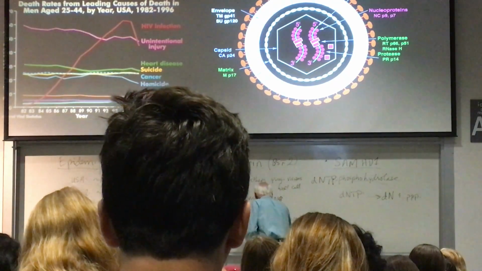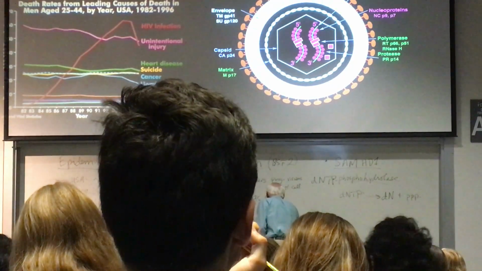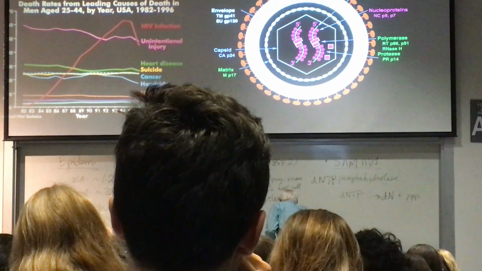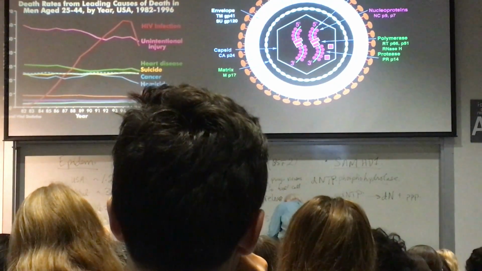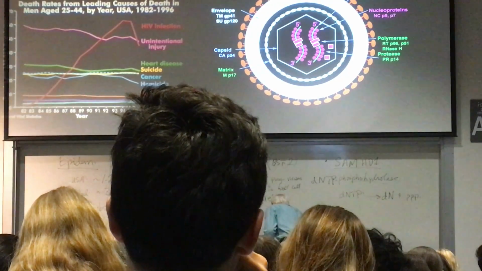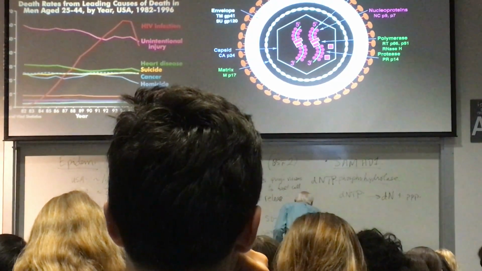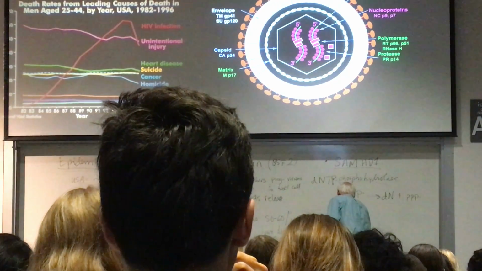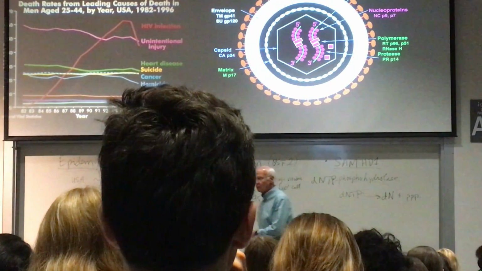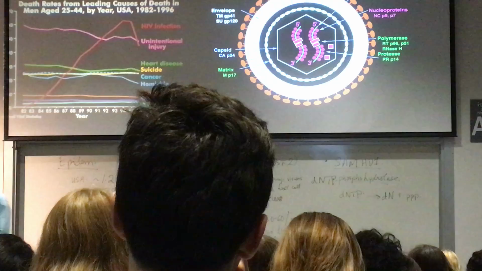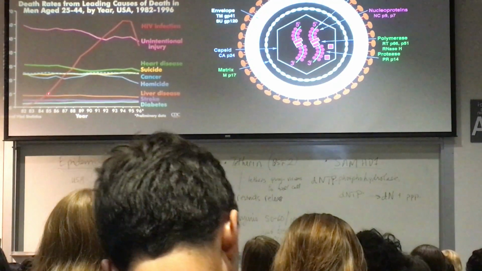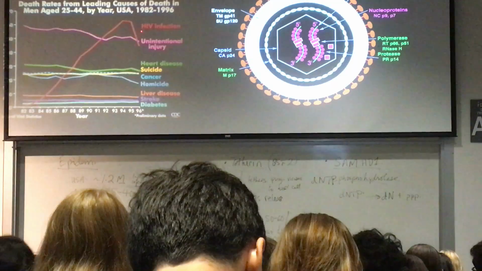So heart disease, suicide, cancer, and homicide have rates of 25 to 30. Then what you see is the red line, the only curve that really changes, and that's death from HIV infection.